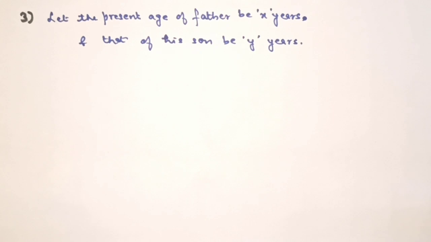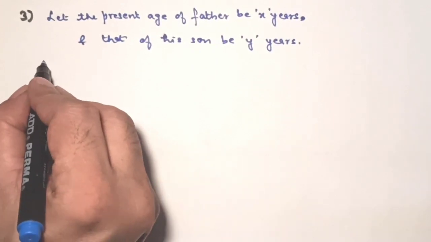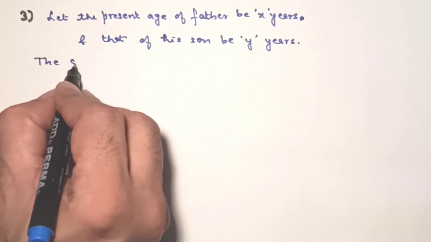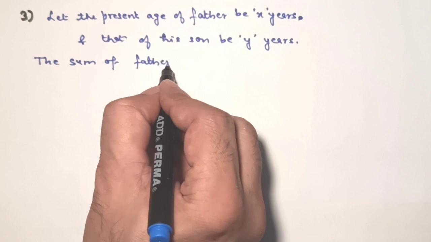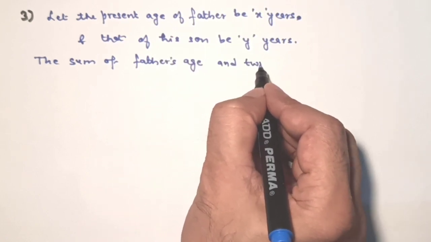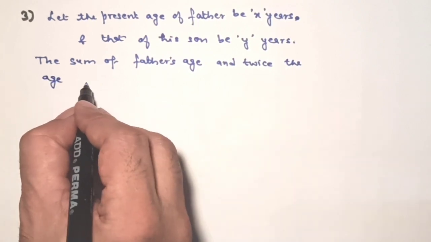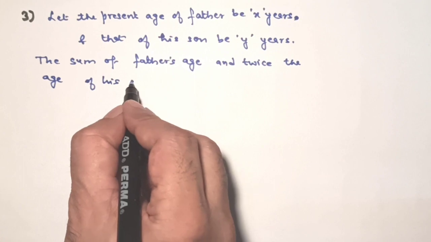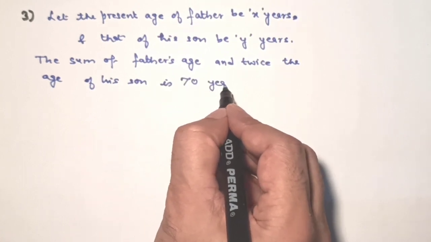Write whatever is given to you. It is given that the sum of father's age and twice the age of his son is 70 years.